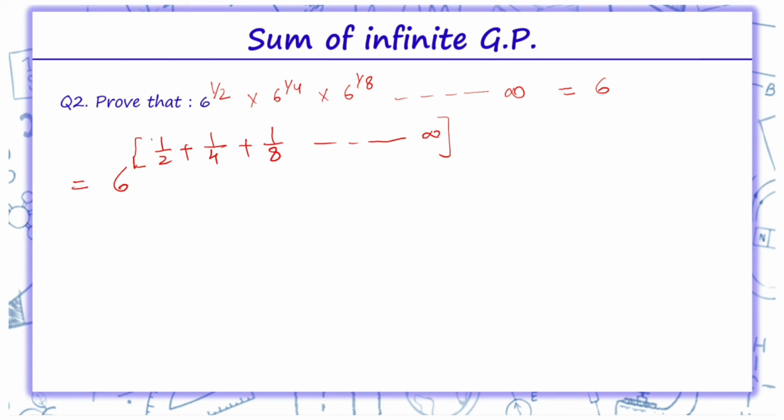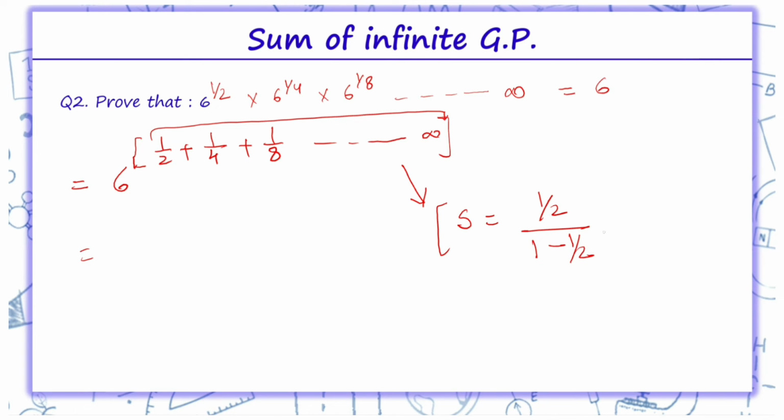This series in the power is in GP, so we apply the formula A upon 1 minus R, where A is 1 by 2 and R is again 1 by 2. When we calculate it, it is 1. Thus the power comes out to be 1 only, so 6 to the power 1 can be written as 6.